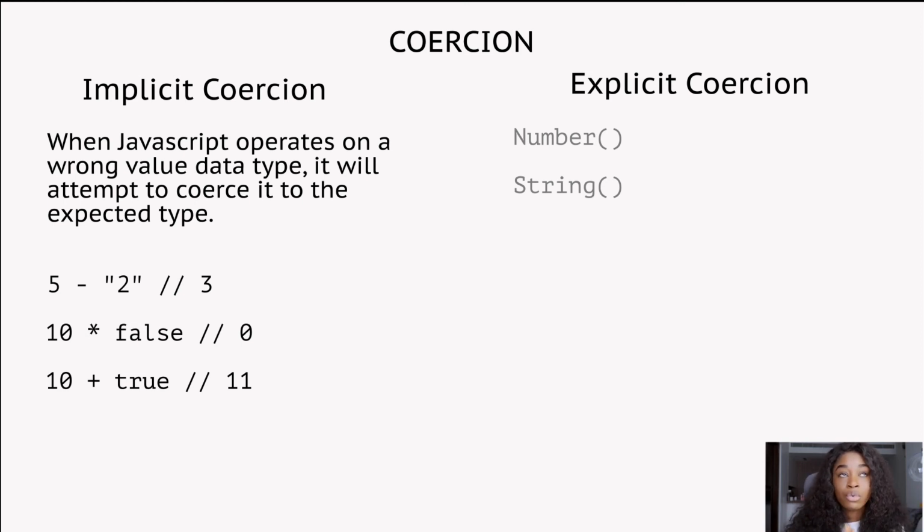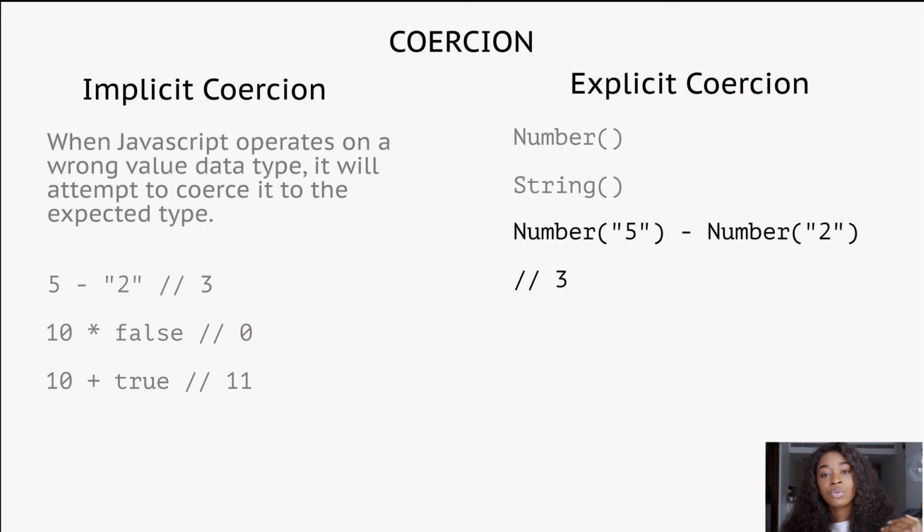So that's it for implicit coercion. For explicit coercion, using the Number function, if I pass in, say, string values of 5 and 2, I'm explicitly saying, please convert the string 5 and the string 2 to numbers, and then subtract 2 from 5, and that will give us a 3.